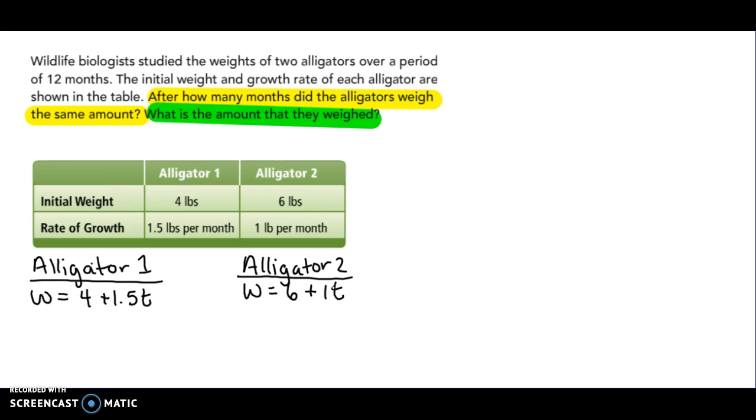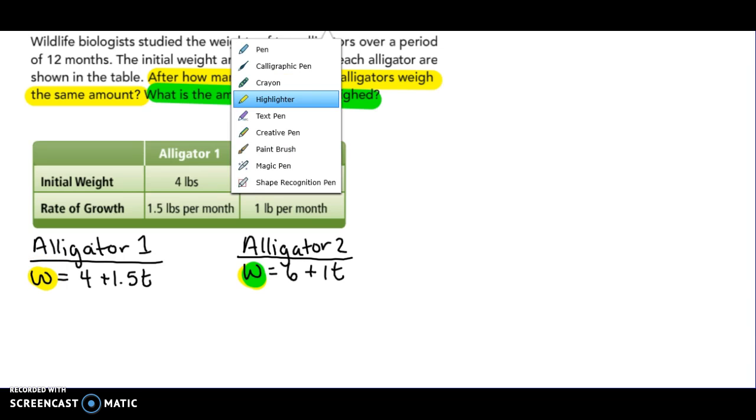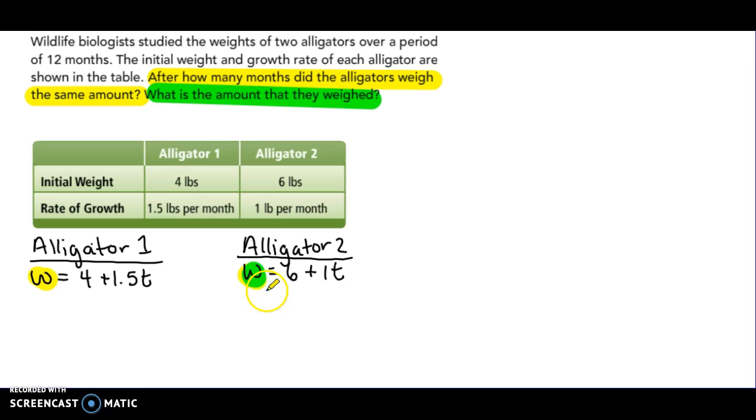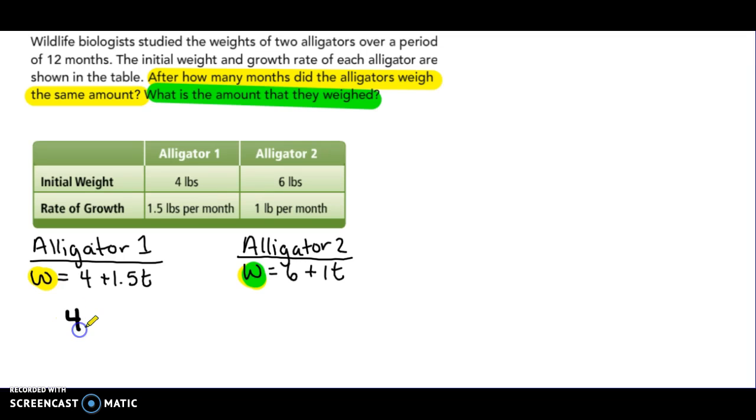So we set up these equations in 6.1, and so the yellow question that we have is after how many months did the alligators weigh the same amount? So we're going to set each alligator equal to each other, which would read, we're going to take alligator 1, which is 4 plus 1.5t, equal to alligator 2, which is 6 plus 1t.